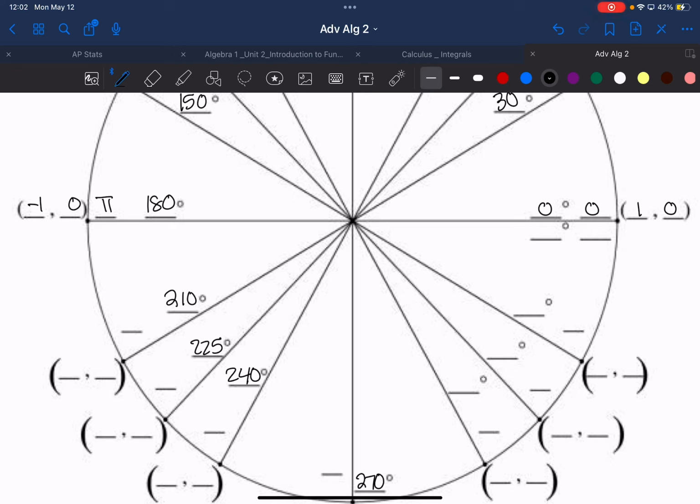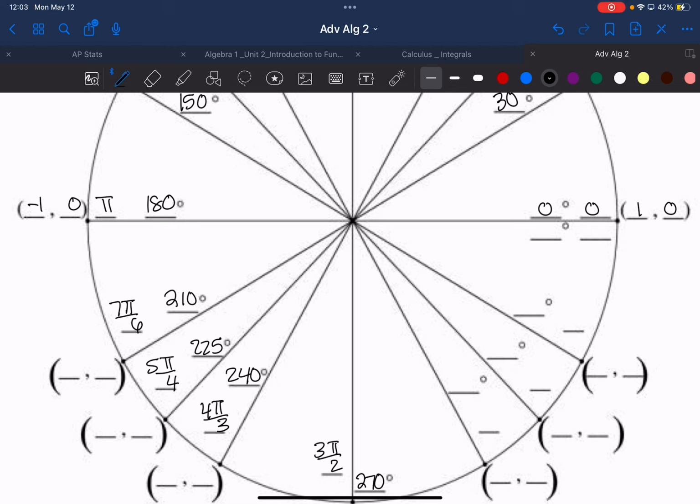Then filling in the radians, starting from where we stopped at pi, we now have 7 pi over 6, 5 pi over 4, 4 pi over 3, and then 3 pi over 2.